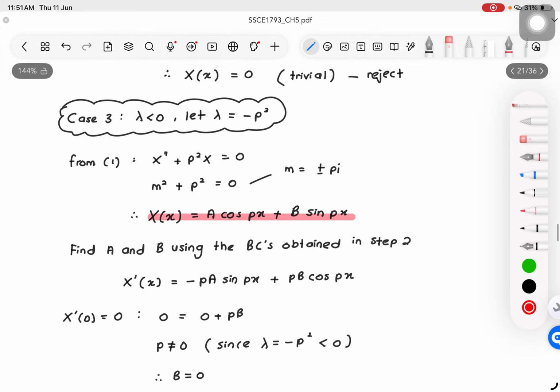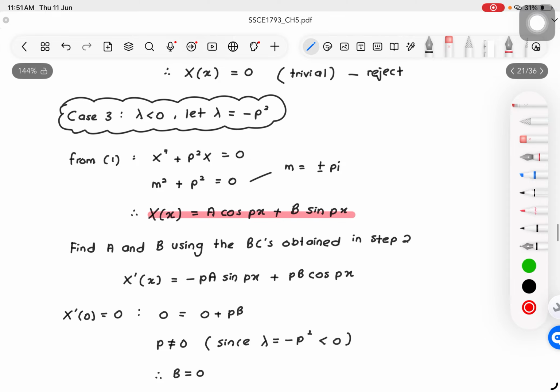For case 3, we're going to check for lambda less than 0. So for lambda less than 0, we let lambda be equal to negative p squared. From equation 1, we get x double prime plus p squared x is equal to 0. So we need to find the roots for this one. We get m is equal to plus minus ip.